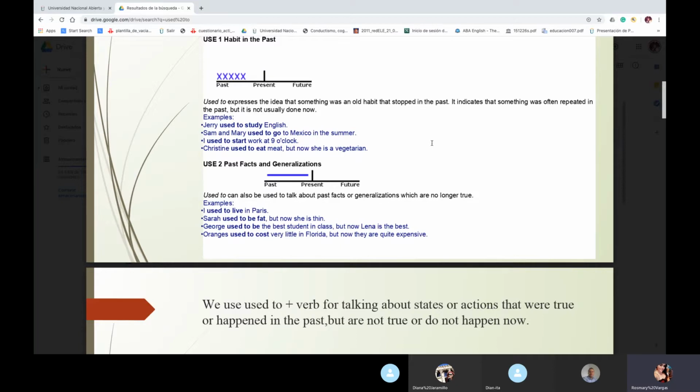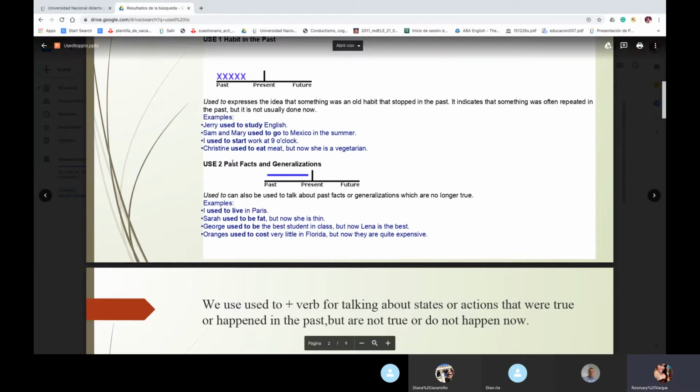For example, Jerry used to study English, so he's not studying English right now, in the present. Sam and Mary used to go to Mexico in the summer, so they stopped doing that. I used to start work at 9 o'clock. Christine used to eat meat, but now she is a vegetarian.